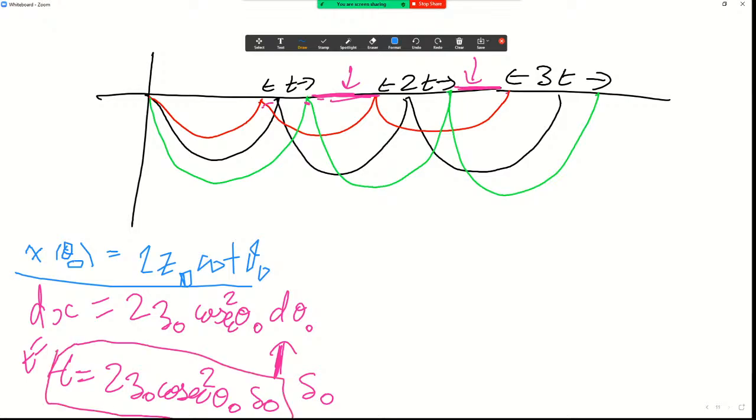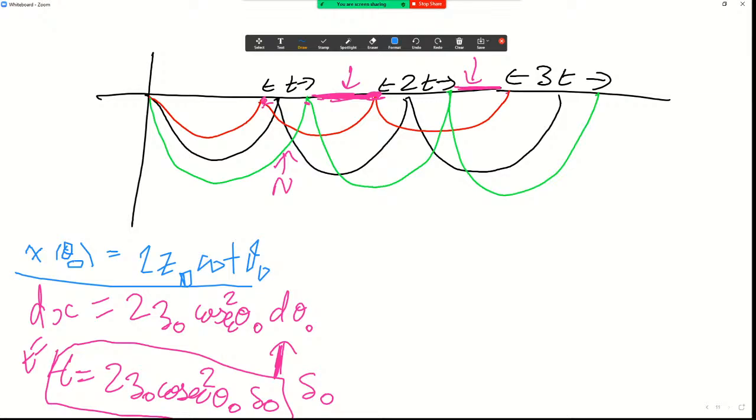Okay, but how from t, how will we find this? Or we can approximate this to be this, but for large n. This is basically distance. Let's say this is the nth loop.